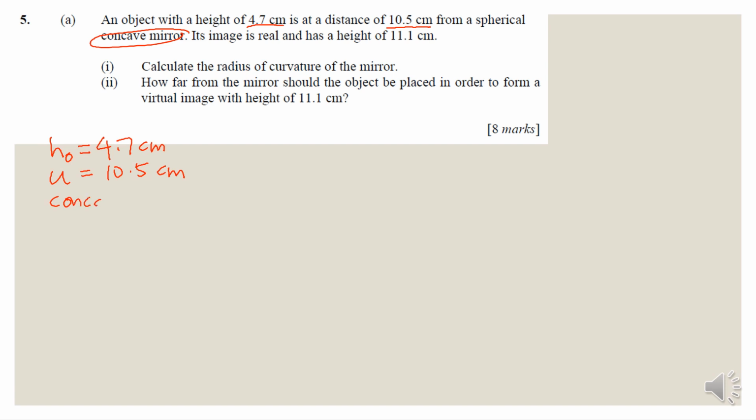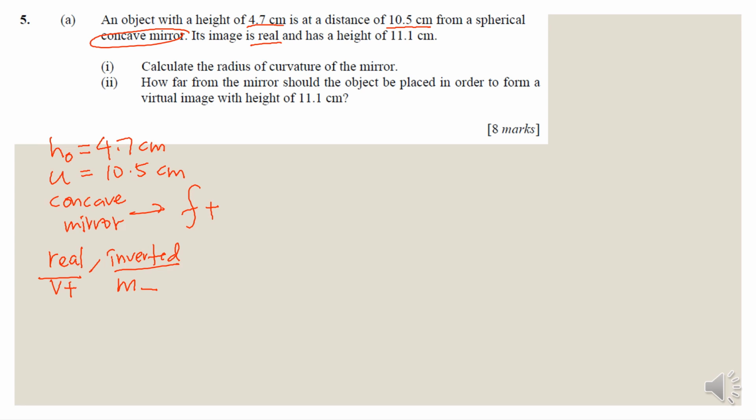So bila concave mirror, so kita tahu F dia mesti positive. Its image is real. So image bila real bermakna V dia mesti positif. Okay, so bila real dia mestilah inverted. So inverted bermakna M dia adalah negatif.